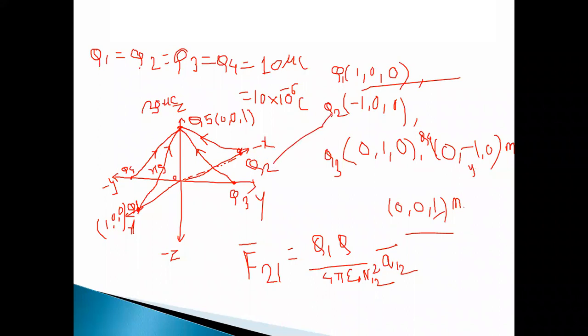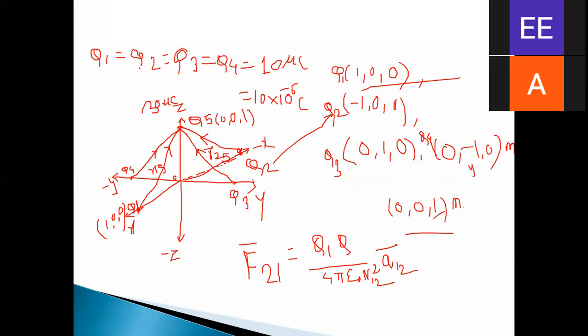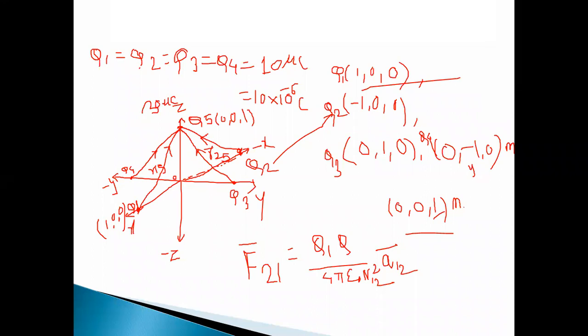Q2 coordinates are minus 1, 0, 0. So you again find this vector R bar 25. End point is 5, start point is 2 here. So end point coordinates minus start point coordinates.